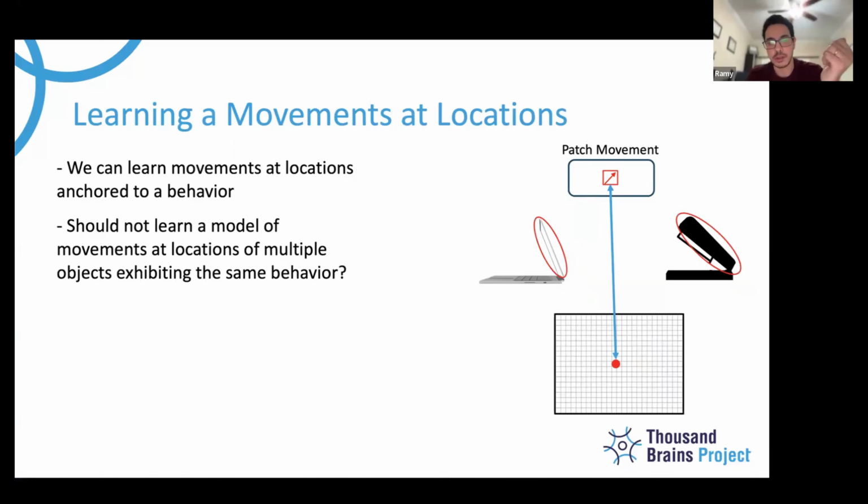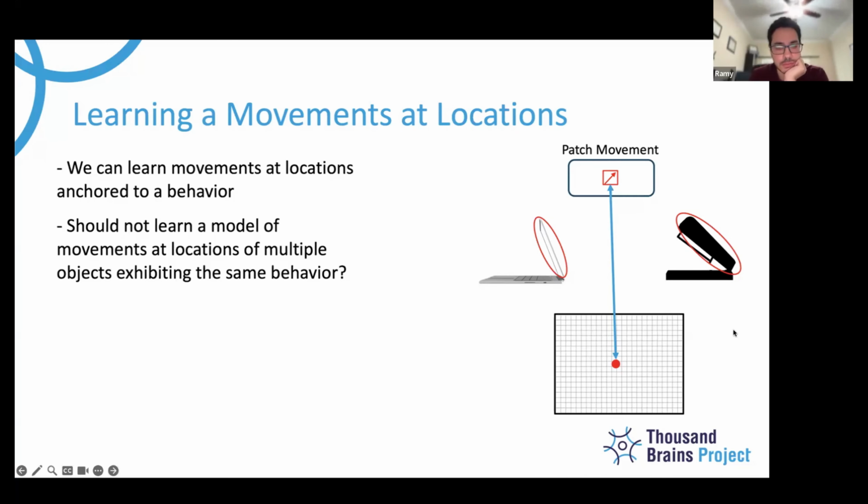But in learning movements at locations, we're anchoring to a behavior, and we want to represent that regardless of what model is exhibiting it. We don't really care what the model is. This is part of recognizing the behavior regardless of the object that's exhibiting it. And I think it's reasonable to assume that how we learn that is a different story.